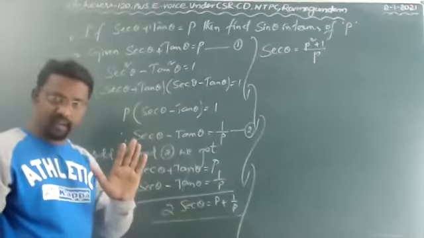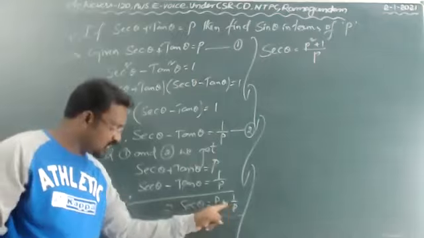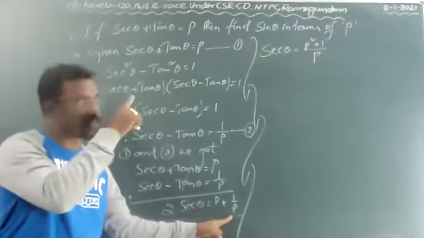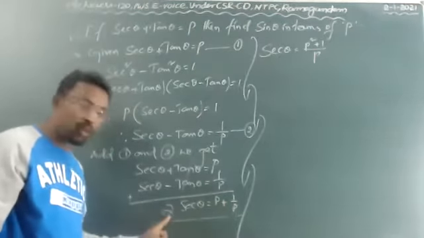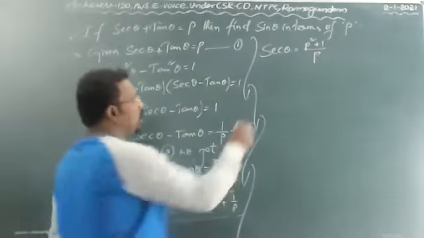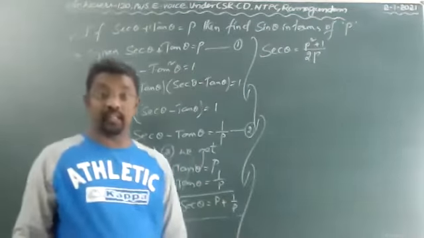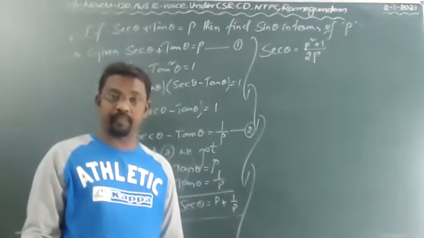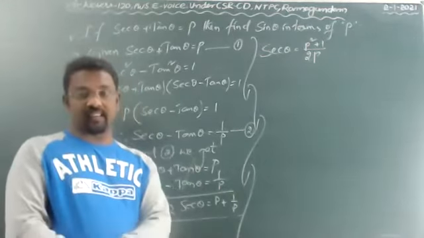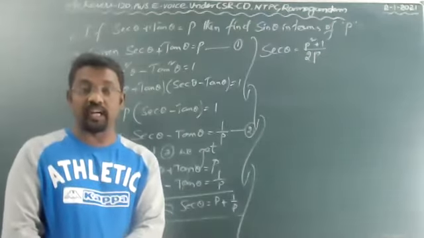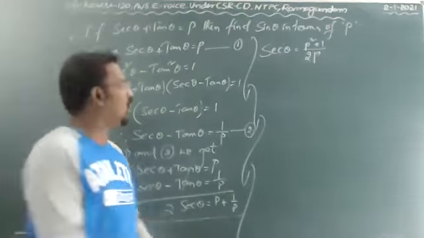Secant theta we will find. First take the LCM; P is the LCM. P into P, P square plus 1. Here 2 is there, send it to this side. It becomes 2P. You got the secant value. The reciprocal of secant is cos theta.